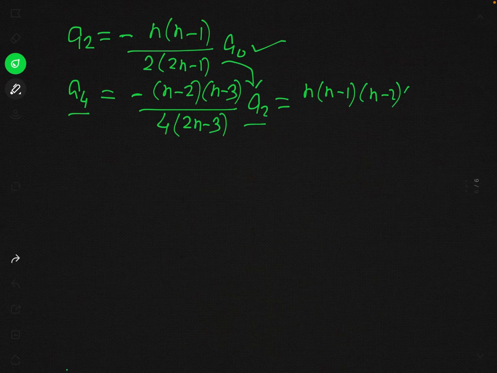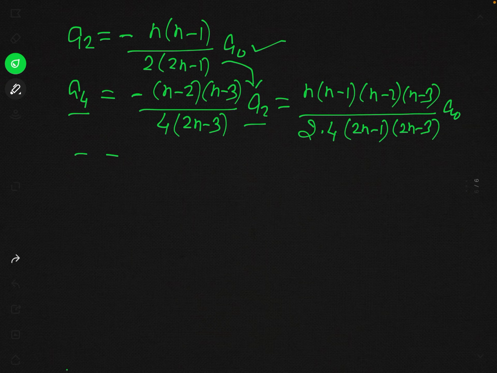This will be n into n minus 1 into n minus 2 into n minus 3 divided by 2 into 4 into 2n minus 1 into 2n minus 3 into a0. So this is the value of a4.